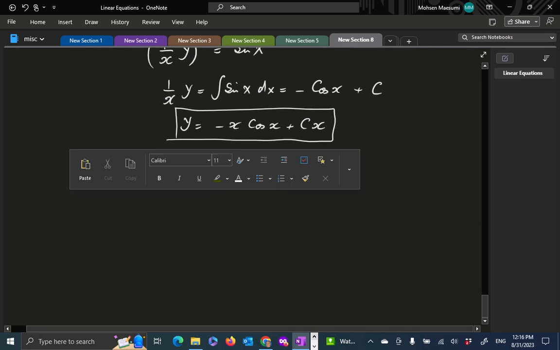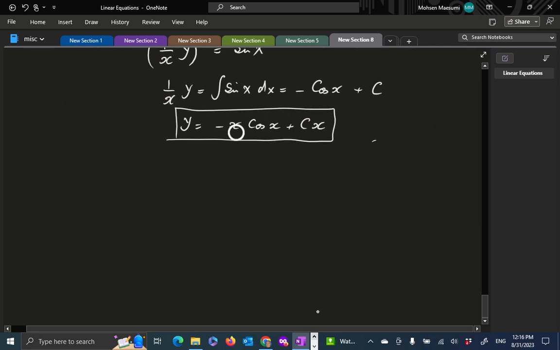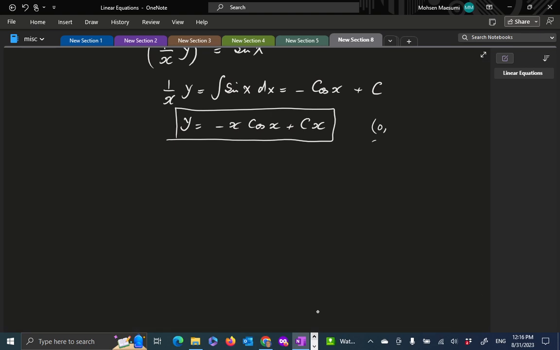So our interval, even though this is valid for the entire set of x values, we see that we are separating at that 0.